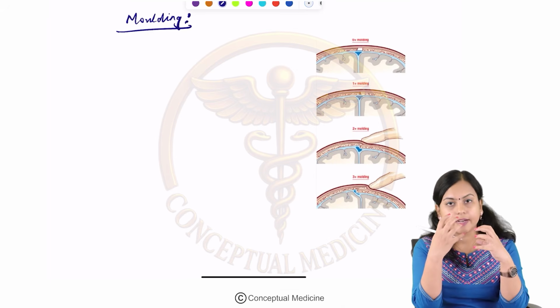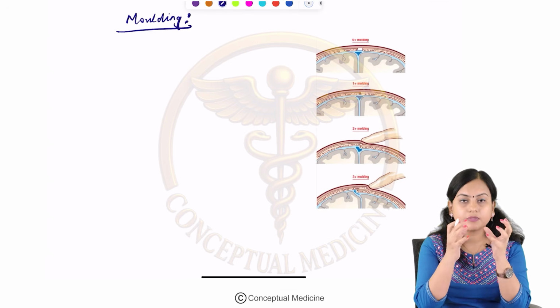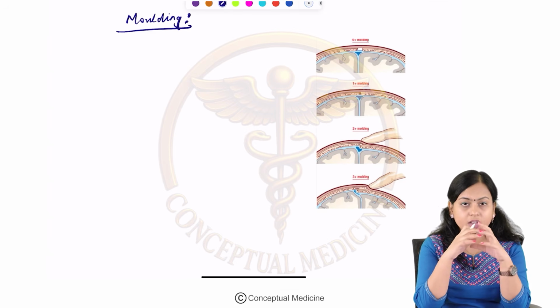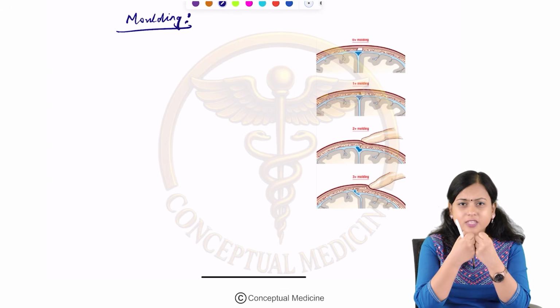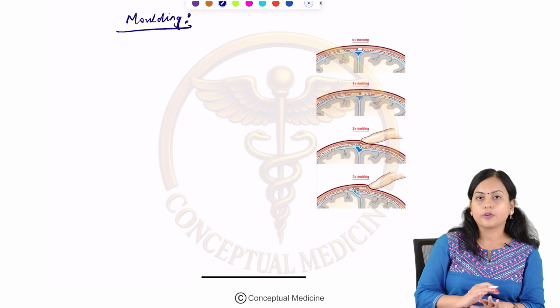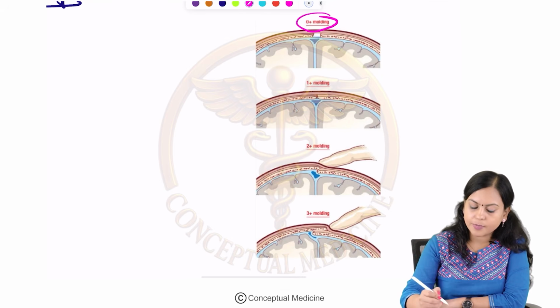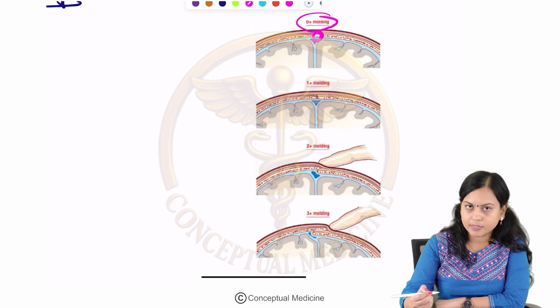See, as the fetal head is descending through the pelvis, there should be some adjustments between the fetal skull bones, the sutures, etc. to make the least possible diameter of the fetal skull. Okay. So, this is facilitated by a mechanism called molding. So, these are the various grades of molding. Okay. So, 0 plus molding means literally you are able to see the suture space. Okay.